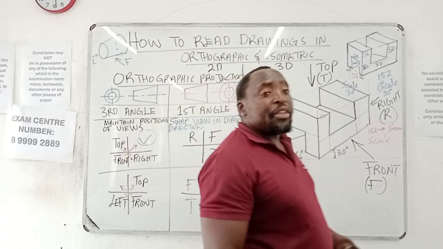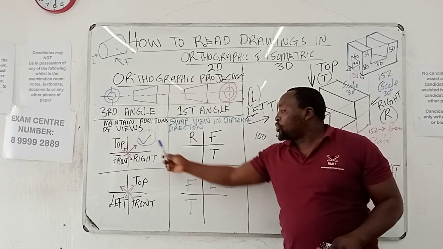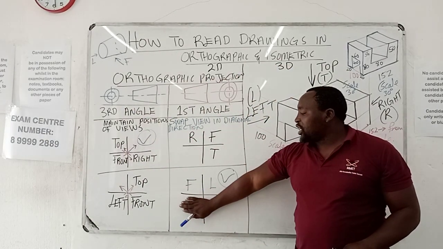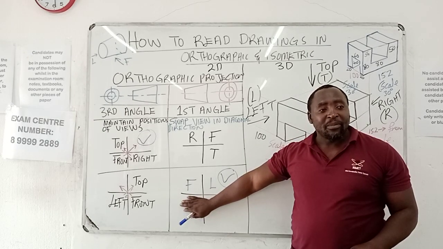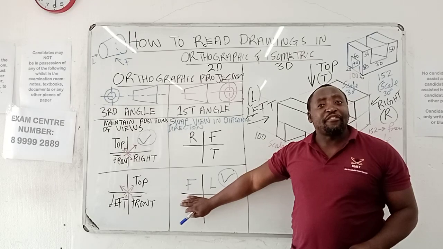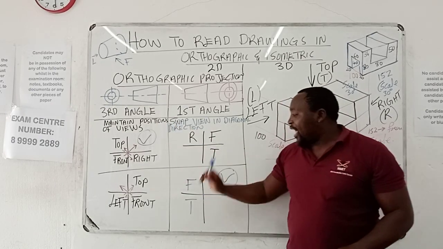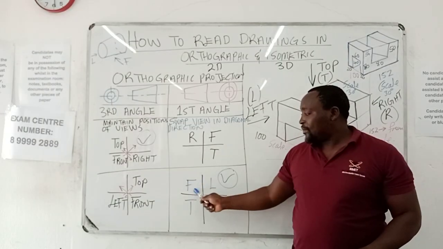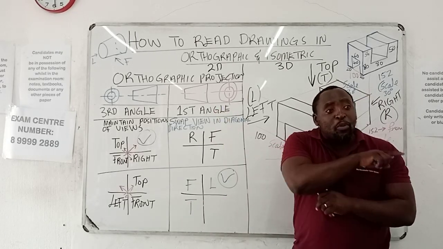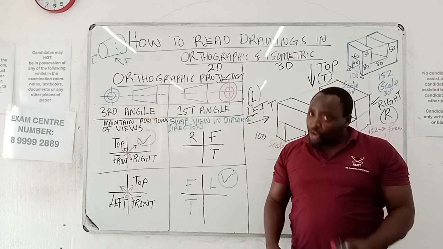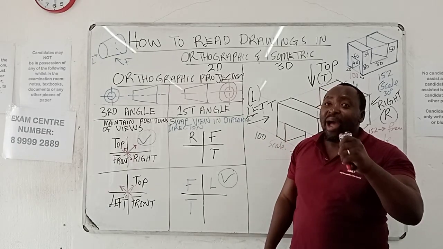Yes. So in South Africa, we use only these two. They might give you these views. You know the one on the left all the time. I'll use this term. The drawing that sits on the left all the time, either here or here, all the time is what? Front. So when you are reading the drawing and there are two side by side, you know that always the one on the left is what?